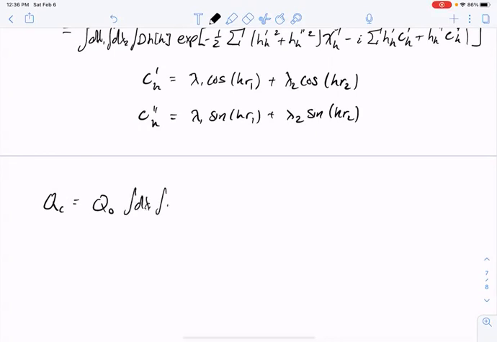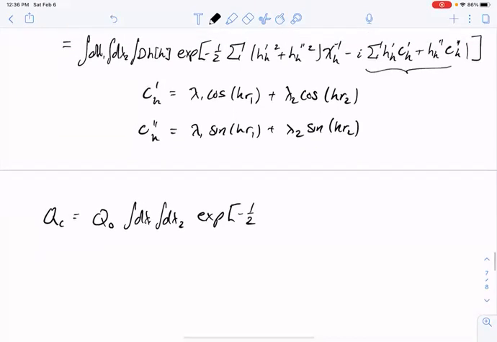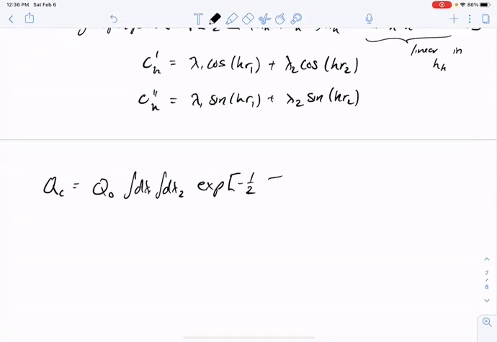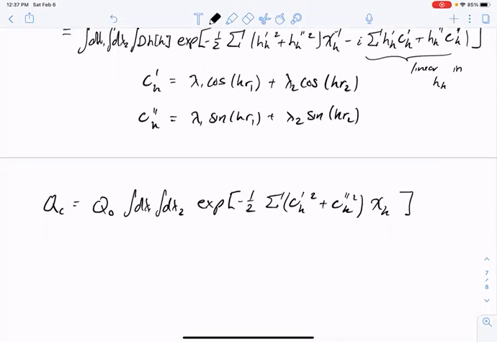We still have the integrals over these auxiliary variables, lambda 1 and lambda 2, but now we have weighted an exponential minus 1/2 from the linear piece, and a sum over c prime of k squared plus c double prime of k squared and chi of k, as we would expect in our normal Gaussian integral transformation.